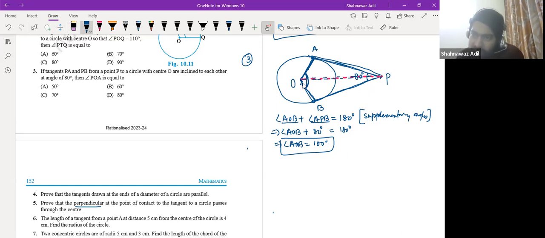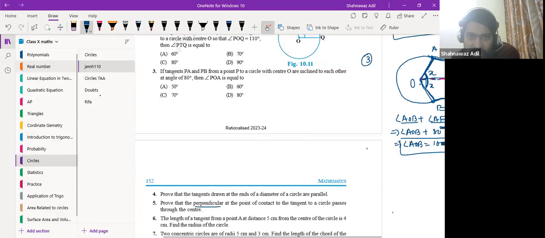If we join O and P, this line will divide this angle into equal parts and this angle into equal parts. So the whole angle is divided into two equal parts. Do you remember it? No? Okay, so let me just go back to this.